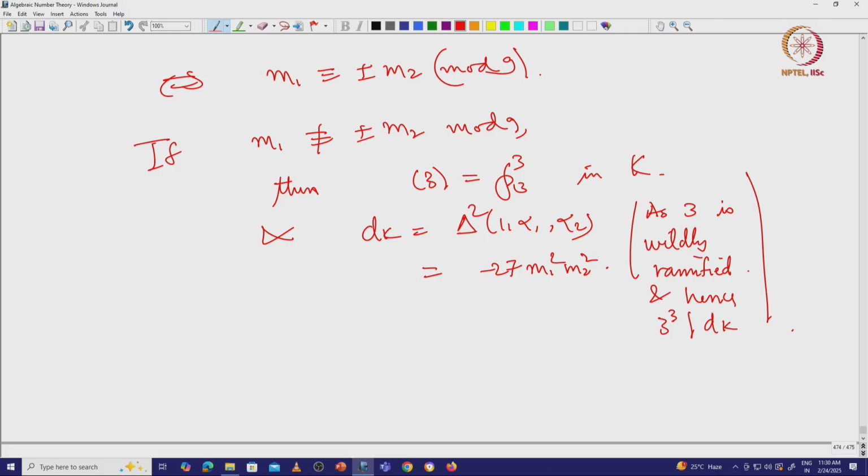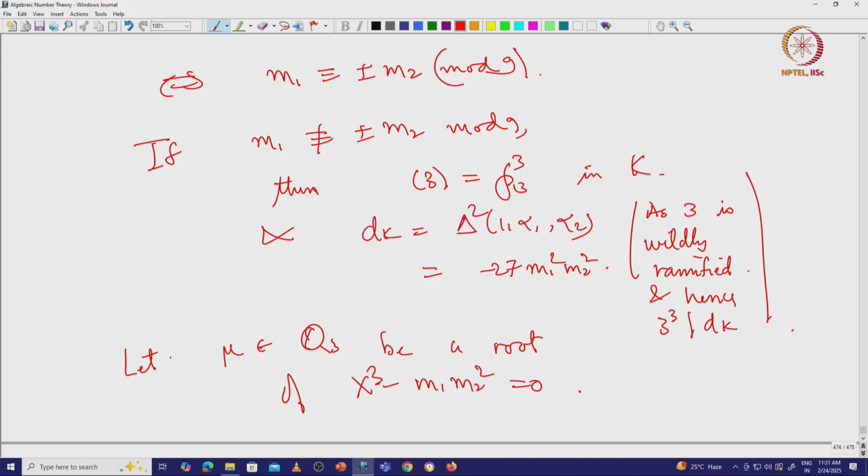So we use that result here to conclude the case when m1 is not congruent to plus or minus m2 mod 9. We still need to show that 1 by 3 times 1 plus m1 alpha 1 plus m2 alpha 2 is in O_K. So let mu in Q3 be a root of x cubed minus m1 m2 squared equal to 0.